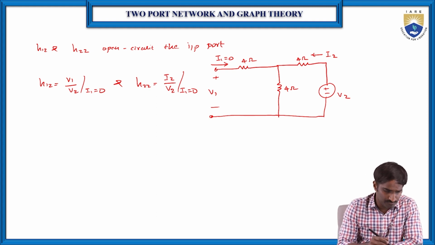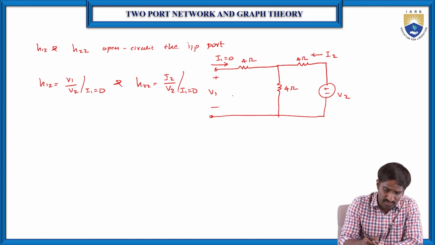Then by using voltage division, as we can see, the voltage across the 4 ohms and 4 ohms is V2 in total, and V1 is the voltage across one of these 4 ohms.